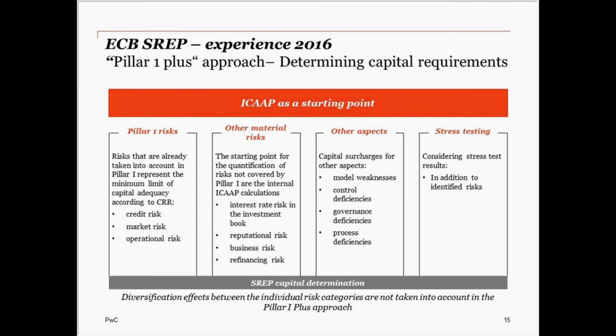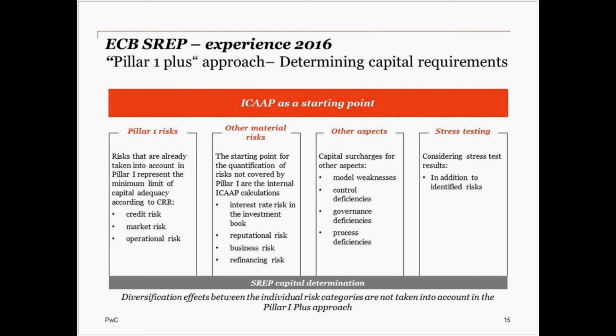They would compare this to the Pillar 1 risks of the bank, and then they would try to find out if there are any other material risks beyond the Pillar 1 risks identified in the ICAAP, but also identified in other reviews the ECB has undertaken, and then look into how high these additional risks are, and also, quite important, how well these additional risks are managed.